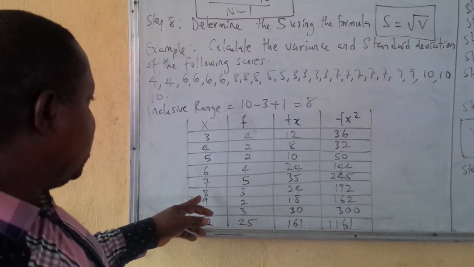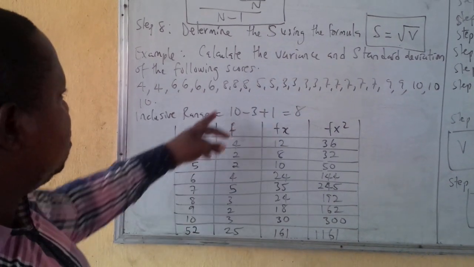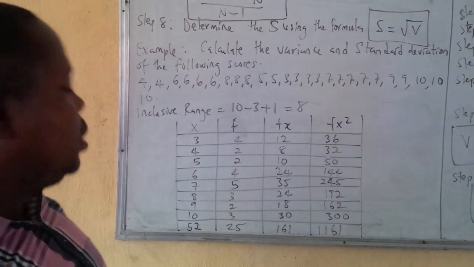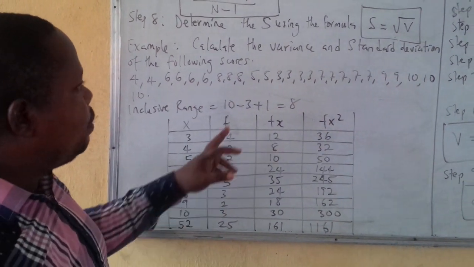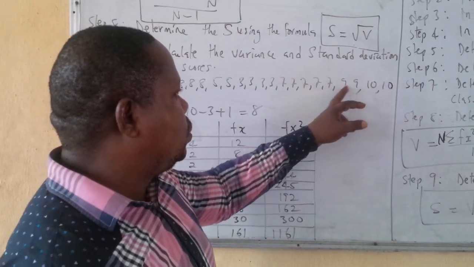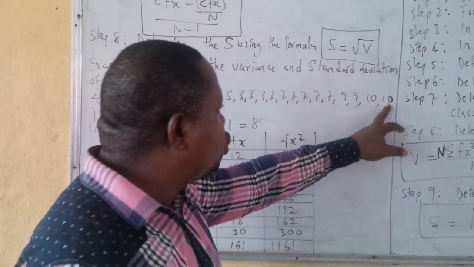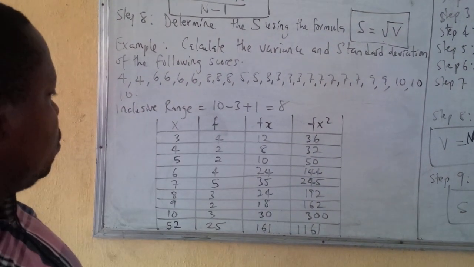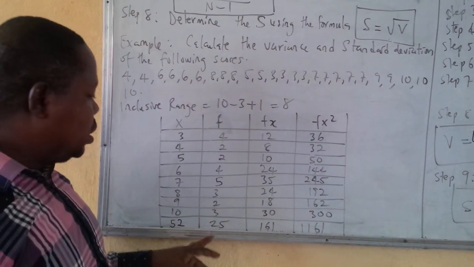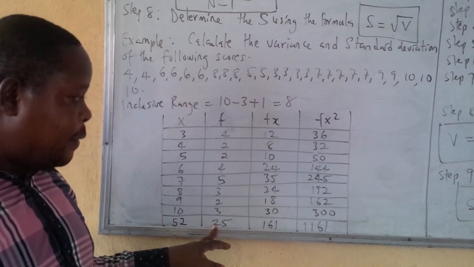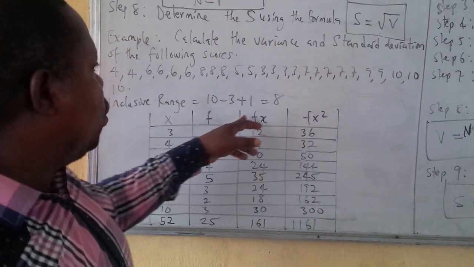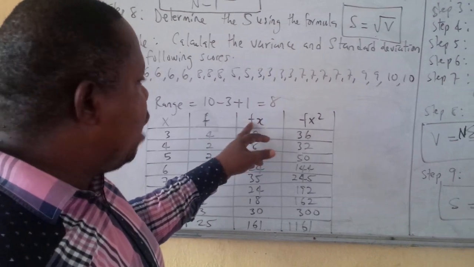We have noted that. 8 appeared 3 times. 9 appeared twice. And 10 appeared 3 times. And so when you add that together, it's going to give you 25.